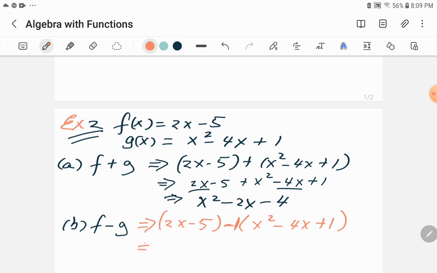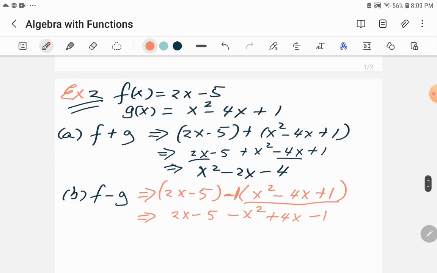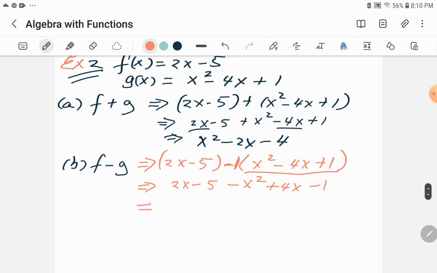So here we have 2x minus 5 minus x squared. Now this minus sign is going to change everything in the parenthesis to the opposite sign. So we get minus x squared plus 4x minus 1. And now we combine like terms. Minus x squared, 2x and 4x is plus 6x. And now we have minus 5 minus 1, so minus 6.